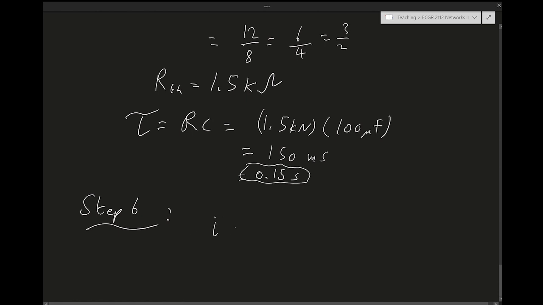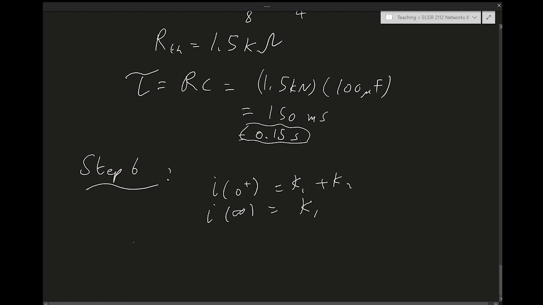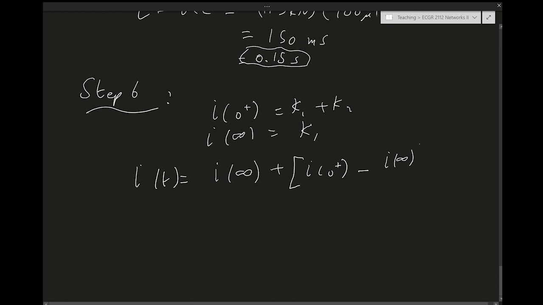We know I0+ is going to be K1 plus K2. We know I infinity is going to be K1. So that gives me the final form of I(t). Instead of K1, I put I infinity, plus, instead of K2, I put I0+ minus K1, which is I infinity, times e to the minus t over tau.